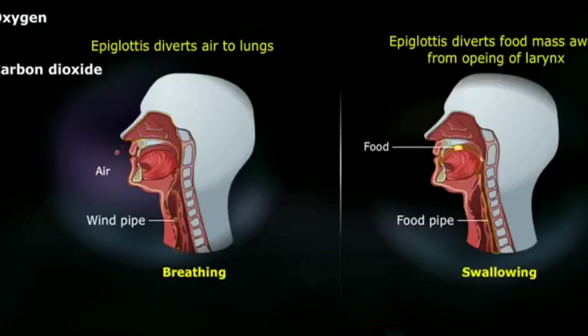While breathing, the air moves from the nasal cavity to the pharynx. Here is a tricky situation. From the pharynx there are two passageways, one to the lungs and the other to the stomach. This traffic is maintained properly by a flap-like valve called epiglottis, which protects the tube to the lungs by arresting entry of food.